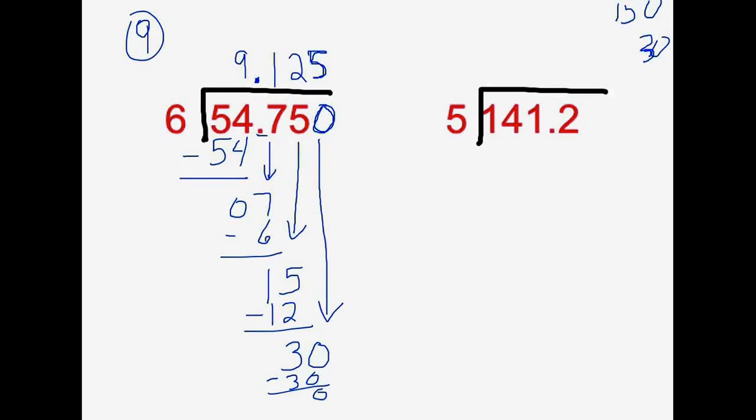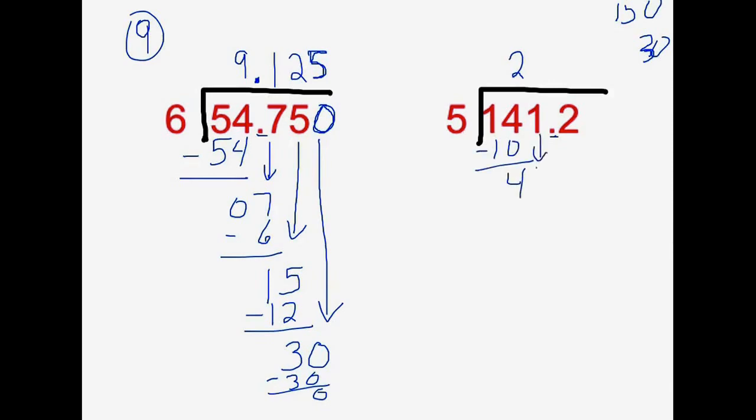Alright, similar type of problem. I'm guessing we're going to have to add zeros. And remember, once there's a decimal, we can add as many zeros as we want and we can keep dividing. Even if it's a whole number with no decimal, we can add a decimal and add zeros to it. So 5 goes into 14 twice, which is 10. Subtract is 4.